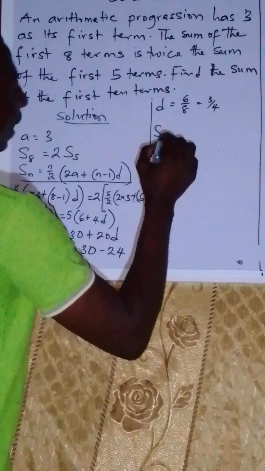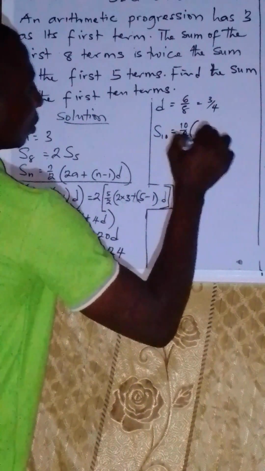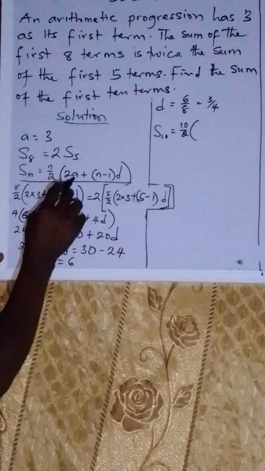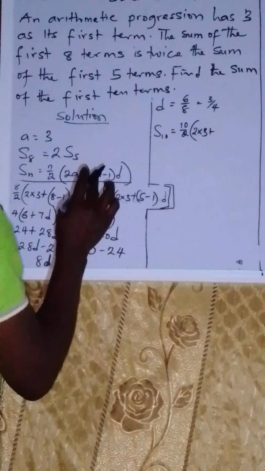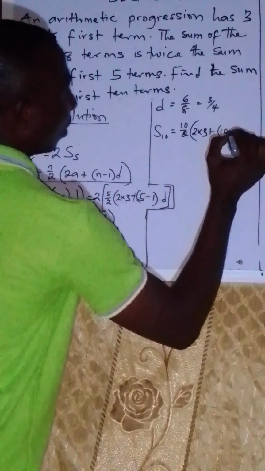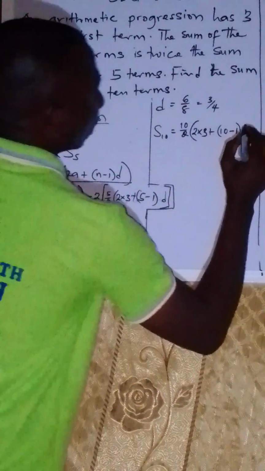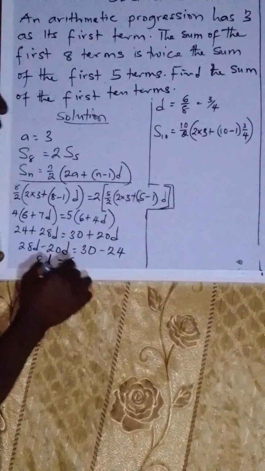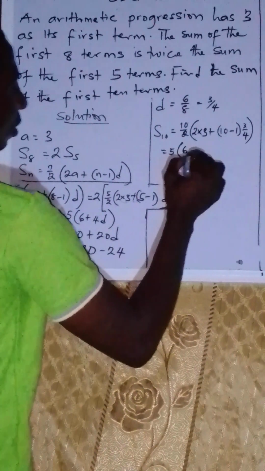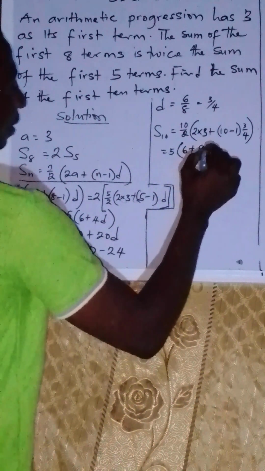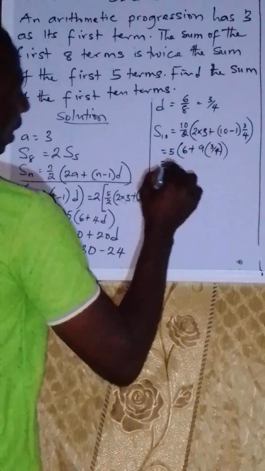So we write S10 equals n over 2, that's 10 over 2, times 2 times the first term, 2 times 3, plus n is 10, so 10 minus 1 times d, and d is 3 over 4. 10 divided by 2 is 5, and this gives 6 plus 10 minus 1, that's 9, times 3 over 4.